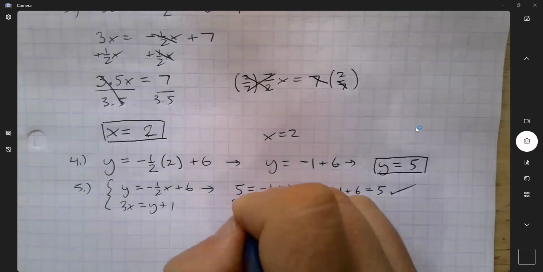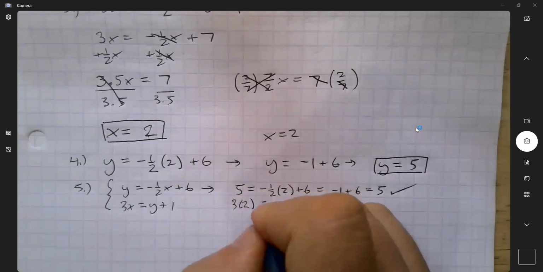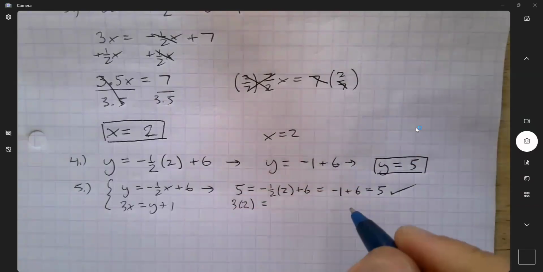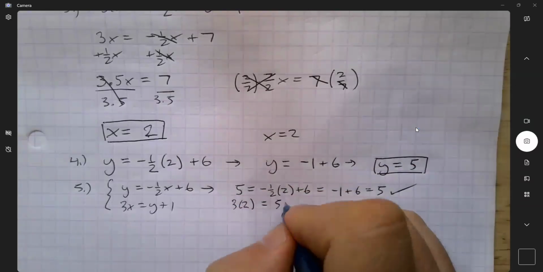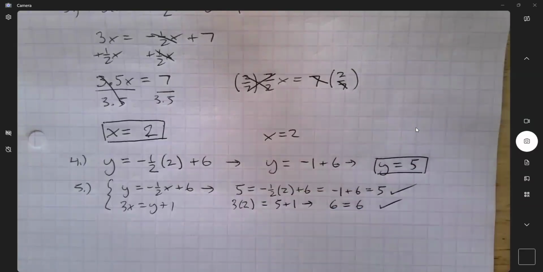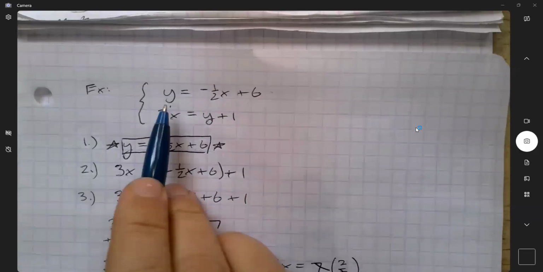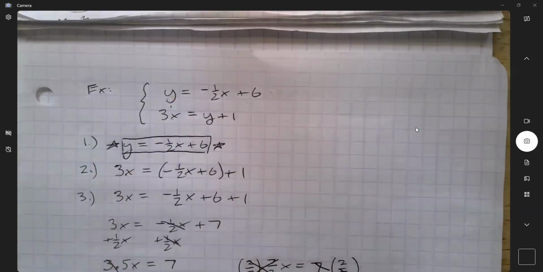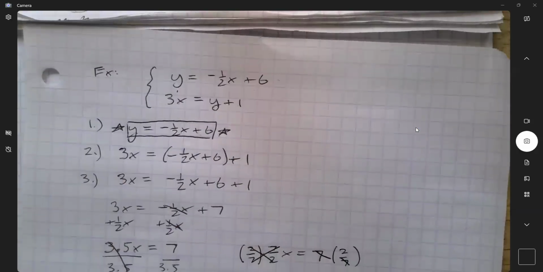And 3 times 2, does that equal 5 plus 1? Well, 3 times 2 is 6, and 5 plus 1 is 6, so that works also. If you're lucky enough that one of your equations is already written with y equals, or maybe x equals, that's going to become your start equation. You've already taken care of step 1.